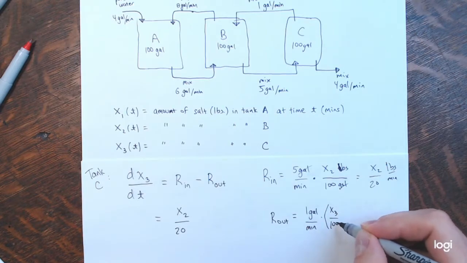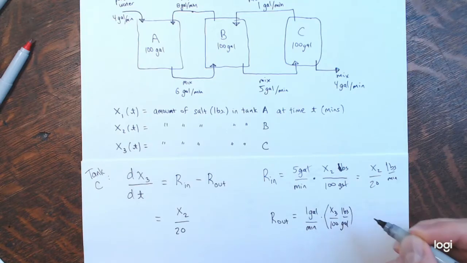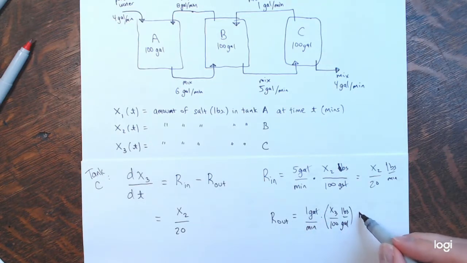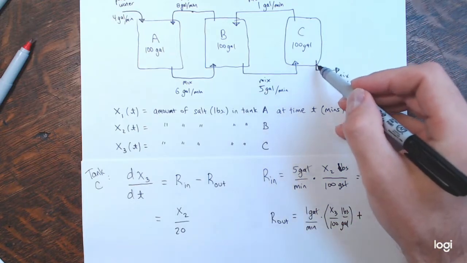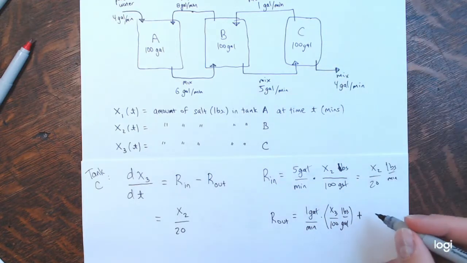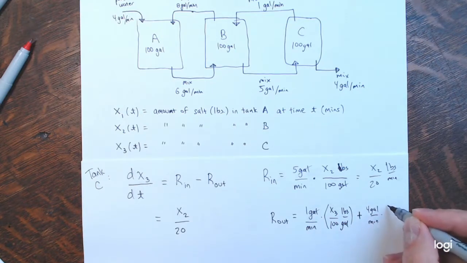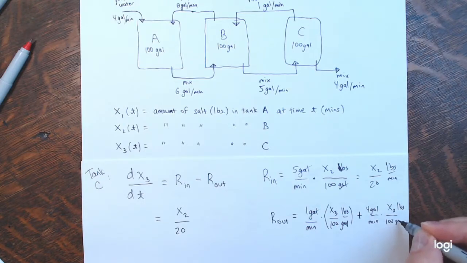There are x3 pounds of salt per the 100 gallons that are always in tank C, and then gallons would cancel. But on top of that, plus this other arrow coming out at a rate of 4 gallons per minute, and the concentration's the same. It's x3 pounds over the 100 gallons in tank C.